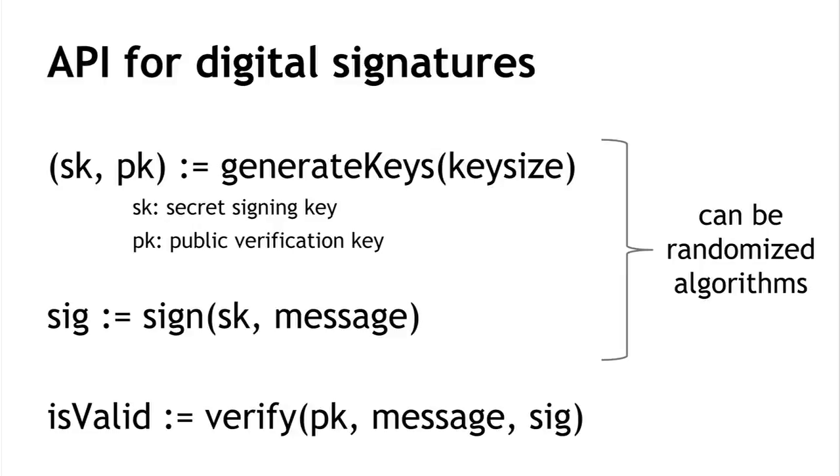It takes the public key of the signer, the message that the signature is supposedly on, and the supposed signature, and it just says yes or no: is this a valid signature? These three algorithms constitute a signature scheme. The first two can be randomized algorithms. The verification won't be; it will always be deterministic. In fact, generate keys had better be randomized, because it ought to be generating different keys for different people.